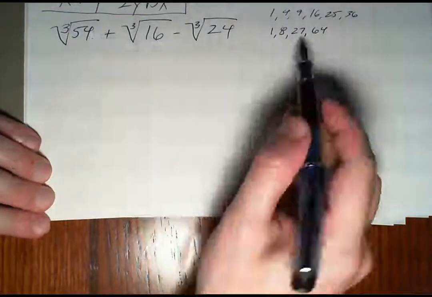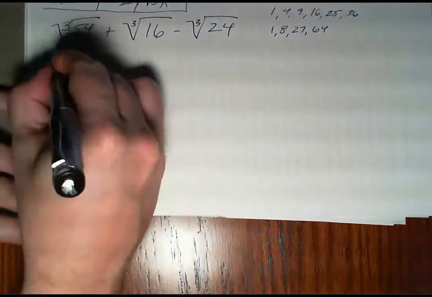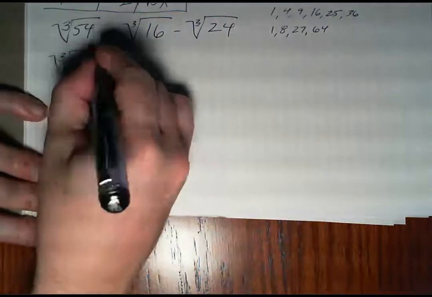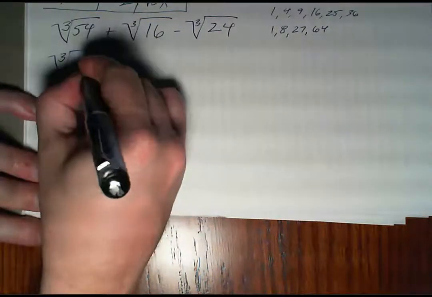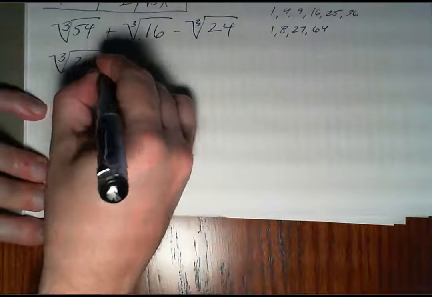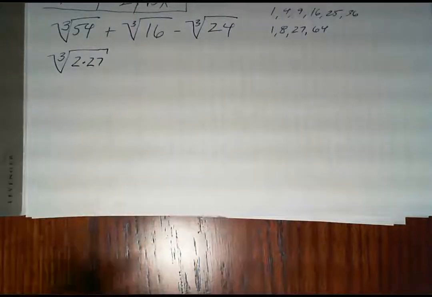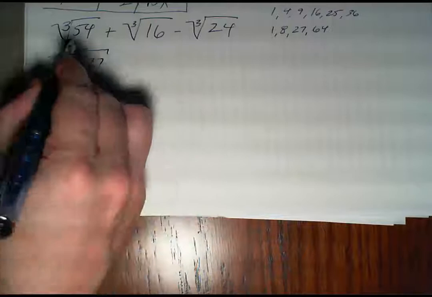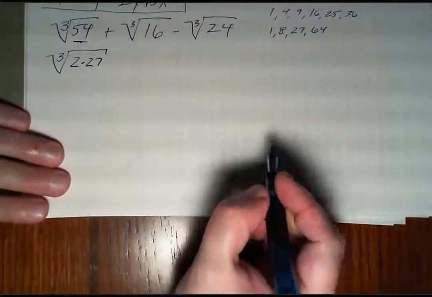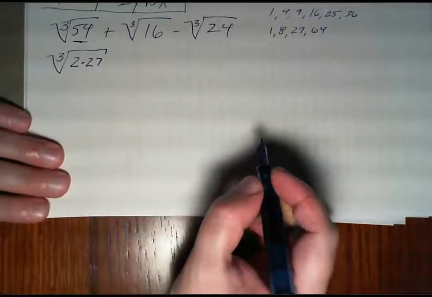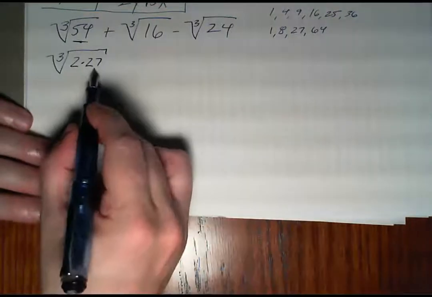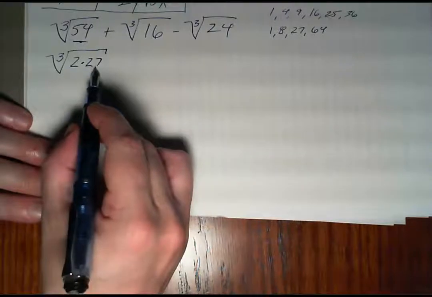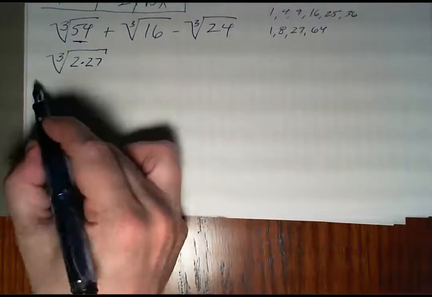Well, that's just 2 times 27. So here we have the cubed root of 2 times 27. So as I said, I'm thinking of a perfect cube that's a factor of this value 54. In other words, 3 times 3 times 3 is 27, meaning the cubed root of 27 is 3.